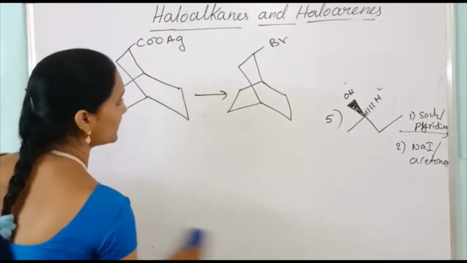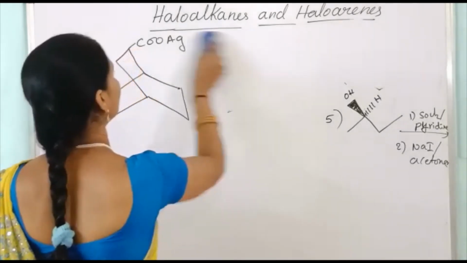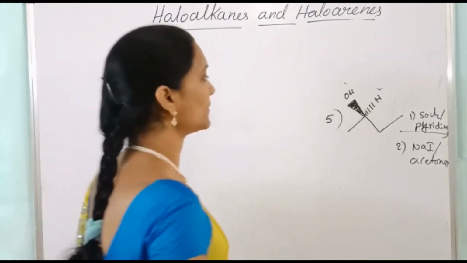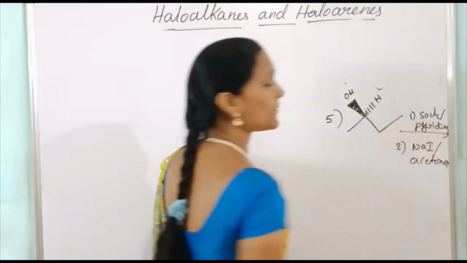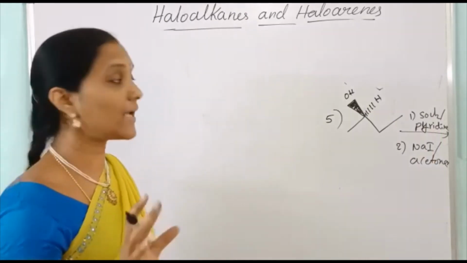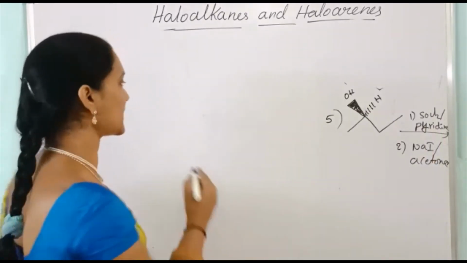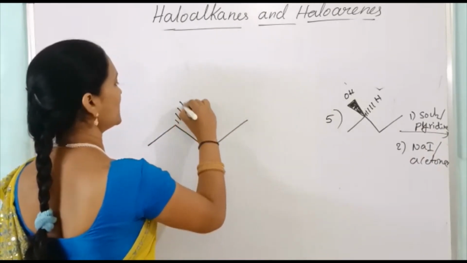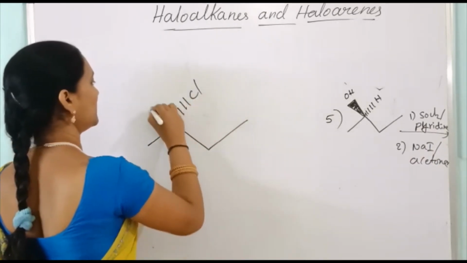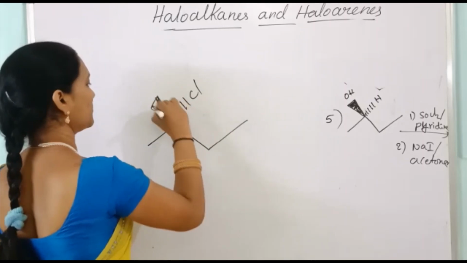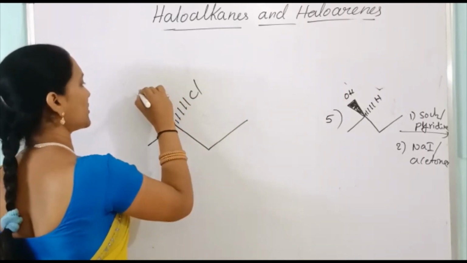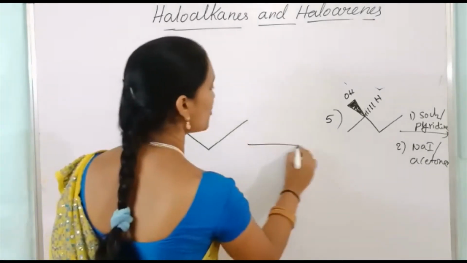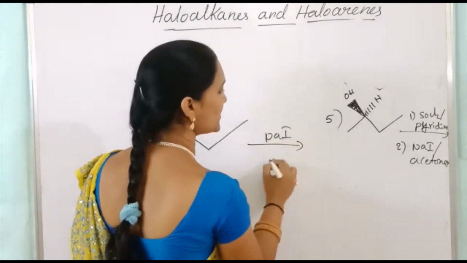Okay, and see the last, the fifth one. SOCl2 in the presence of pyridine is the SN2 mechanism, so inversion takes place. Inversion means here this is Cl and this is H. OH is replaced by Cl with inversion. Okay, this is the first step. Second step, sodium iodide in the presence of acetone.